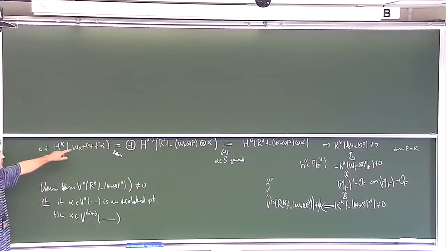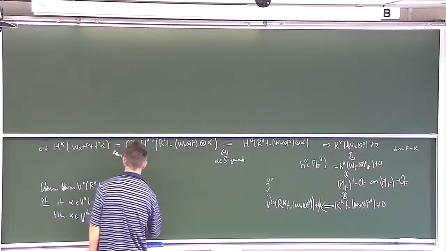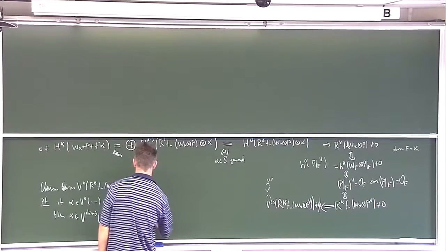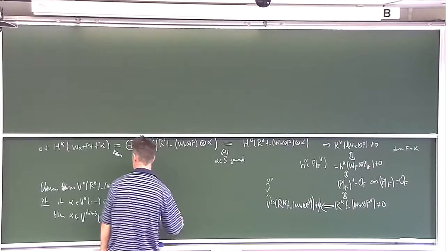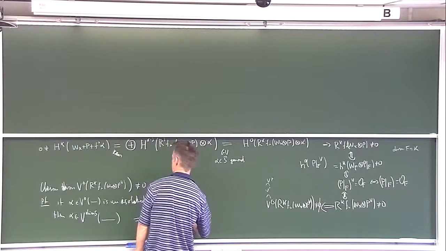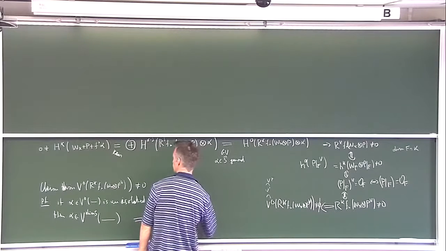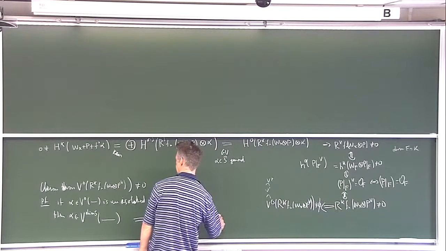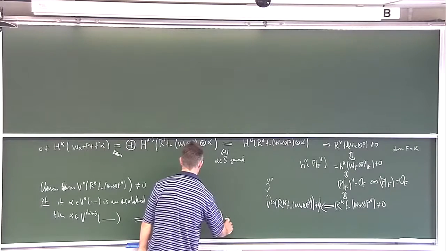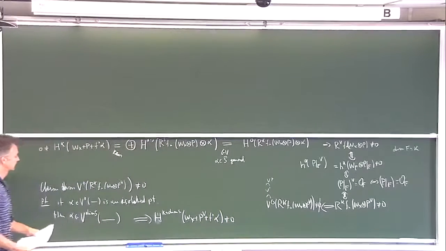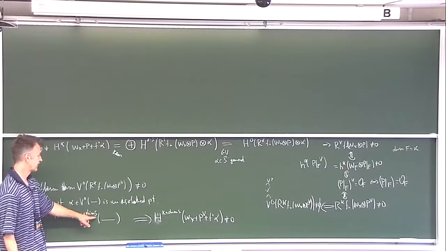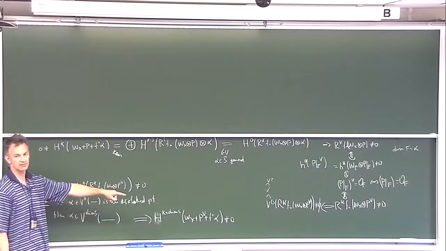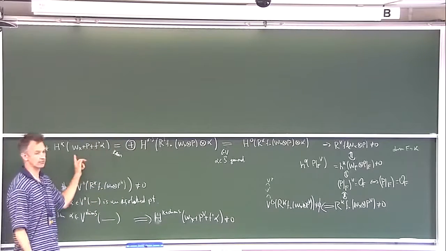Now, by this argument on the top line, H^{k+dim S} of omega_X tensor P dual tensor f upper star of alpha is non-zero. Right? Because here I have something in H^{dim S} of R^k f lower star of that sheaf, and it's just a summand of that thing.